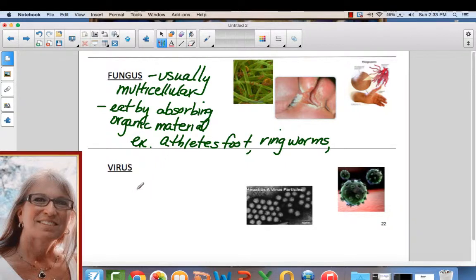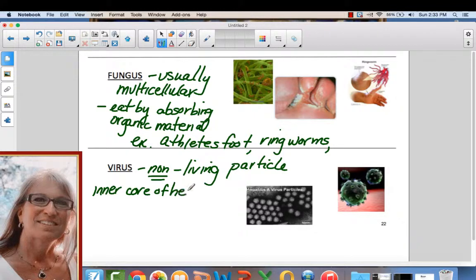All right, and the last one, virus. A virus is, this is important, non-living. This one is the only one that's a non-living particle. It has an inner core of hereditary material surrounded by a protein coat.